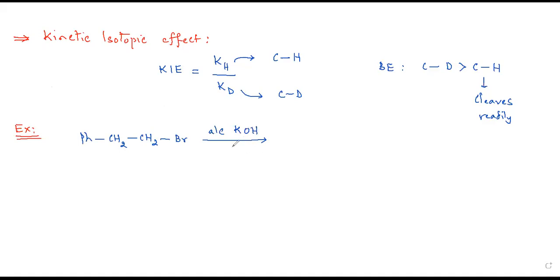Now let us take this example. E2 reaction. Yes. Along with this bromine, this hydrogen is lost from this beta carbon, right?